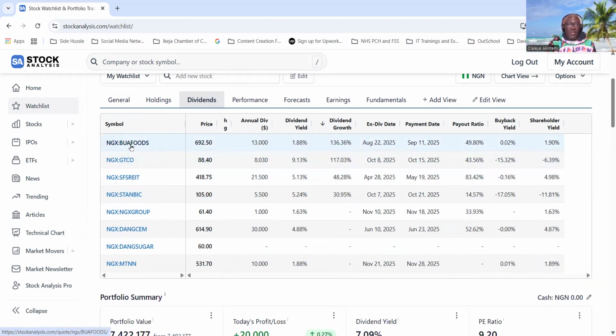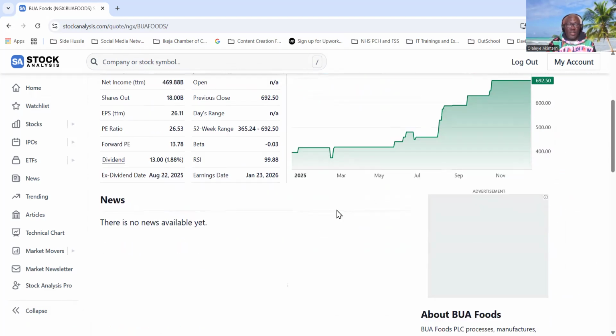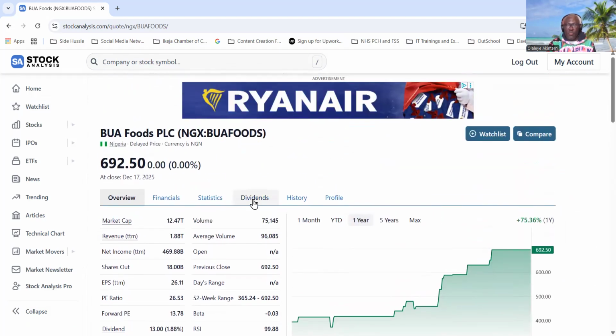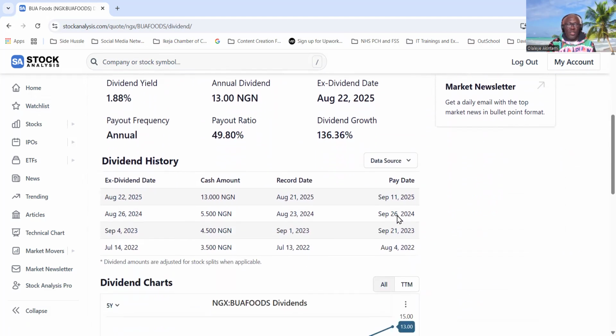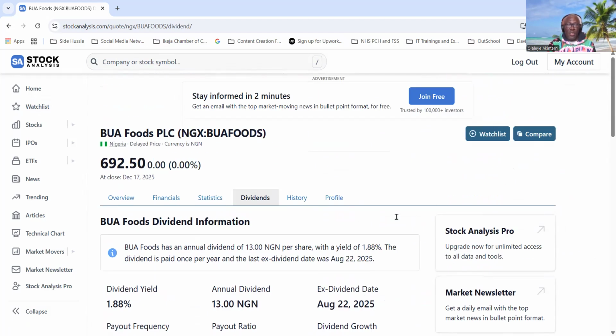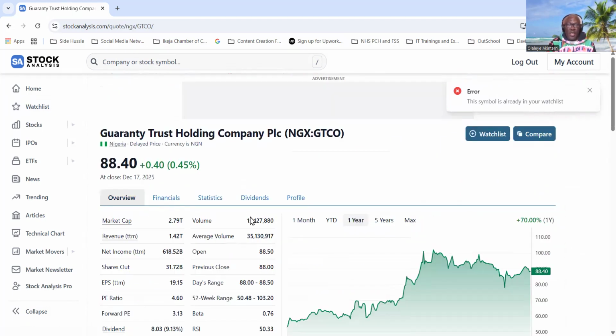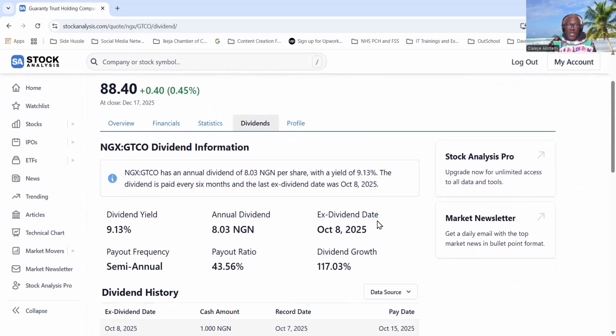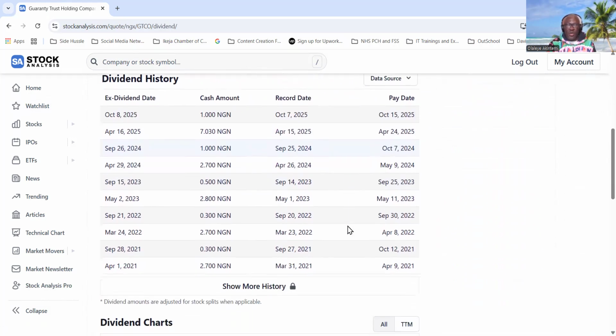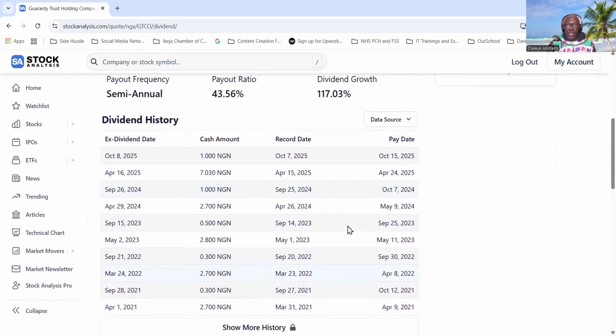So if you come here and click on Boa Food, you can see the dividend history of Boa Food. This is the dividend history. If you go back into watch list, and I click on JITCO, and then click on dividend, I can see the dividend history of JITCO.